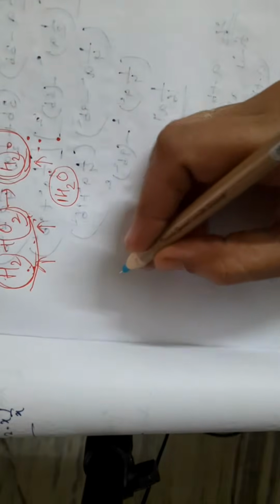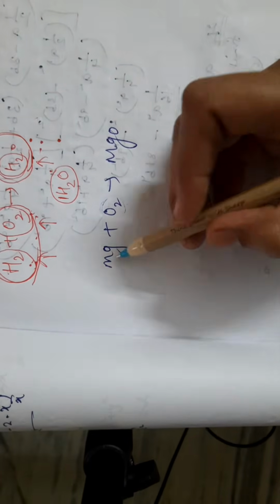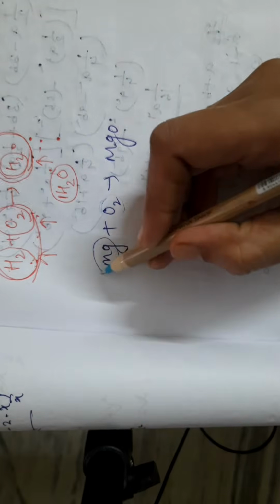So what is a balanced equation for that? Magnesium, represented by Mg, reacts with oxygen to form magnesium oxide. To balance it, as 2 oxygen is there, magnesium also has to be 2.